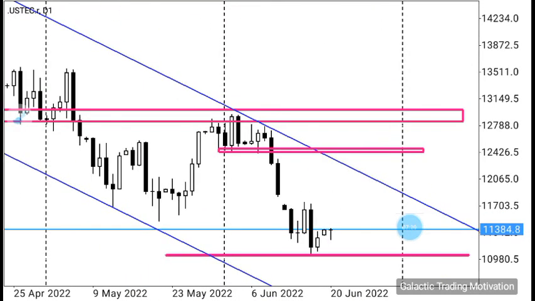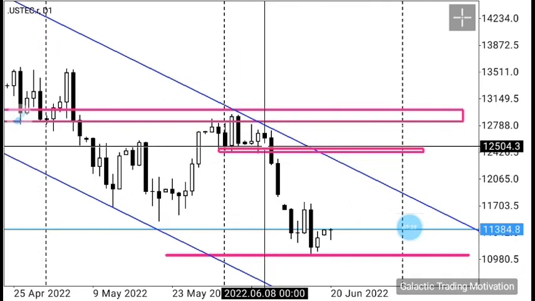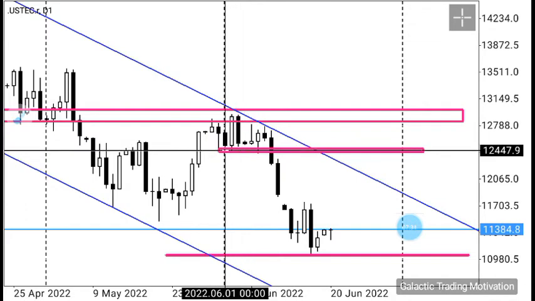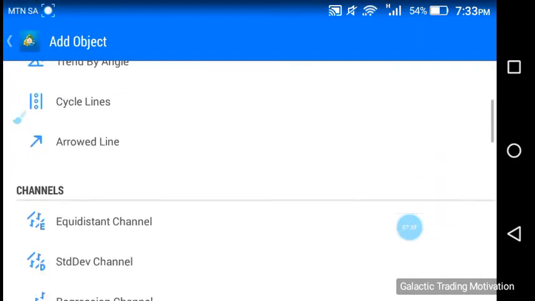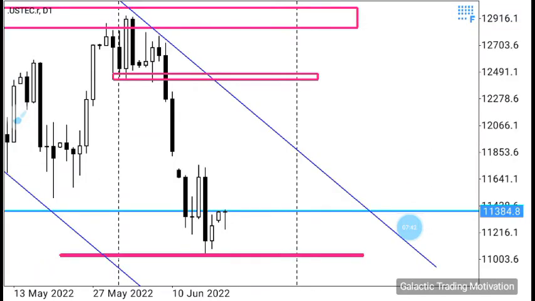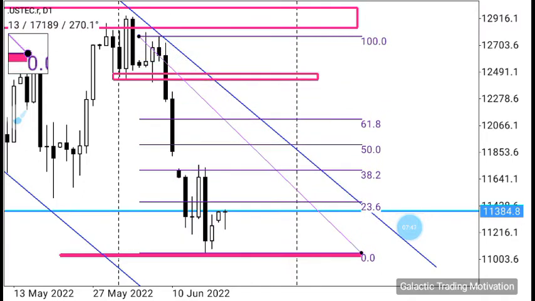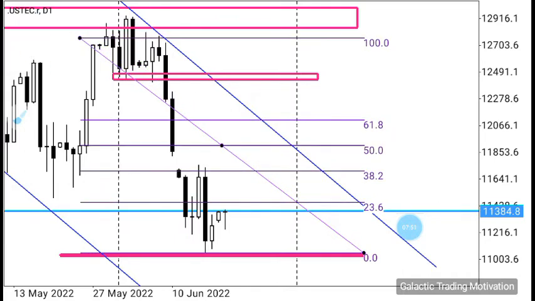The next thing that I'm going to do actually is add the Fibonacci retracement tool, just to see if the neckline of this particular M structure aligns with any of the key levels on the Fibonacci retracement tool. So just bear with me, guys. Here we go. Let's see.